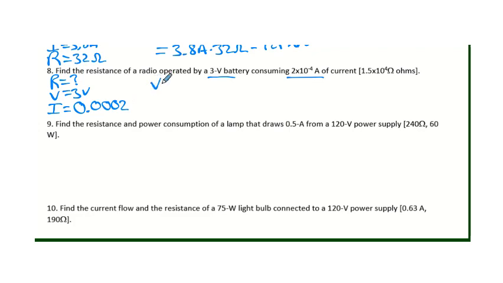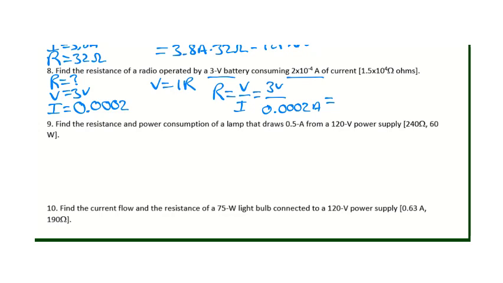So V equals IR, Ohm's law, because we have current, voltage, and resistance in this problem. We're solving for R, which is voltage over current. So you have your 3 volts, and you're going to divide by 0.0002 amps of current.